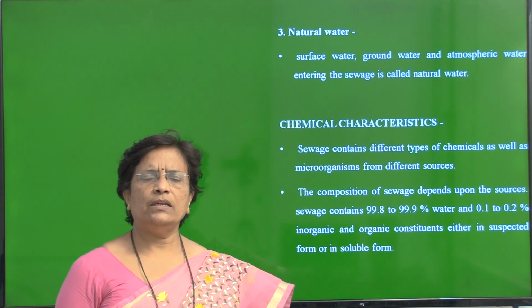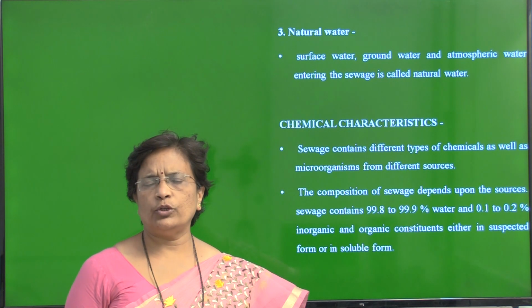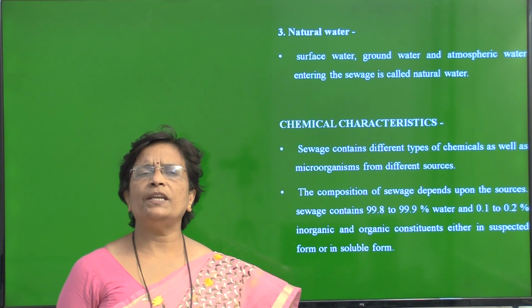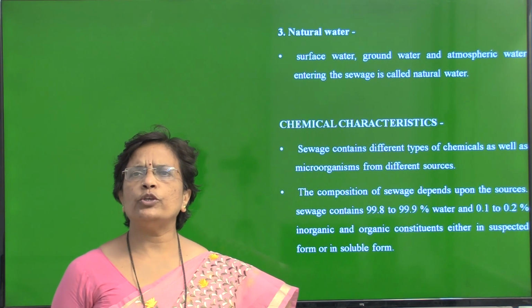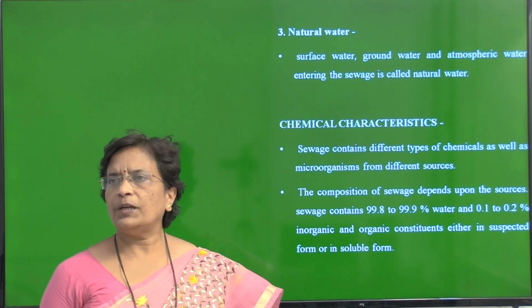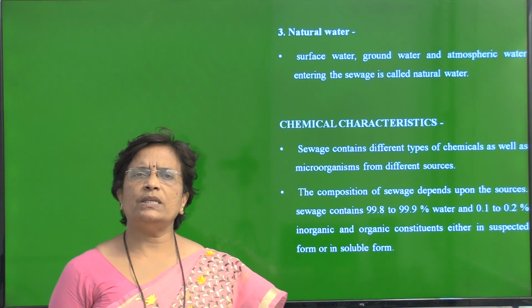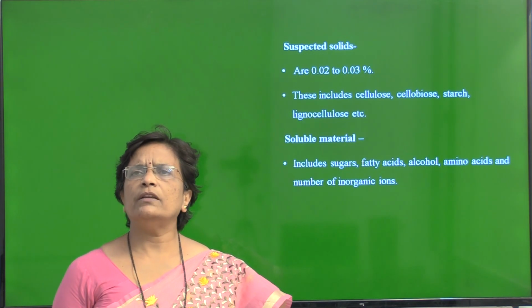In general, sewage contains about 99.8 to 99.9% water and 0.1 to 0.2% organic and inorganic matter which is present either in suspended form or in soluble form.